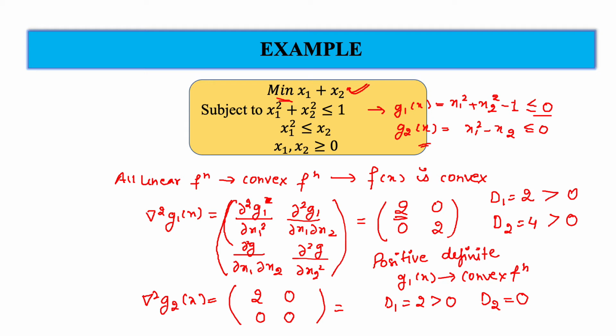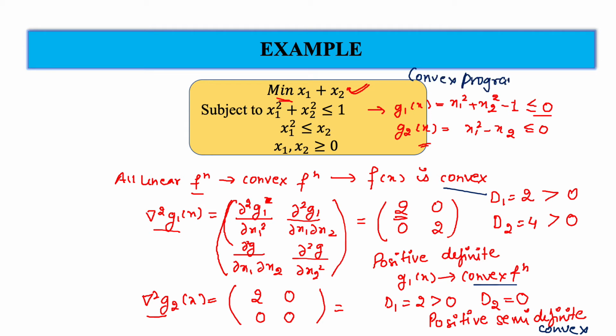So this matrix is a positive semi definite matrix. Since the objective function is convex and both the constraints are convex functions, this problem is a convex programming problem.